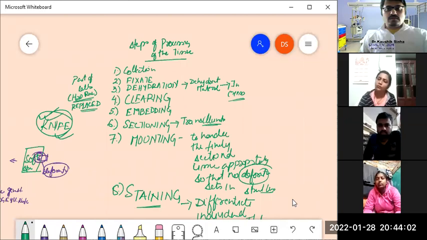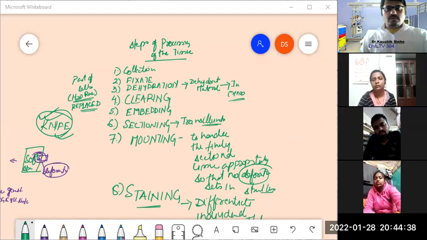Whatever part inside the cell is having water, all those parts would also pick up the color of the stain. So that means, since most of the parts of the cell are having water, all of the parts of the cell would be colored similarly, almost the same color.